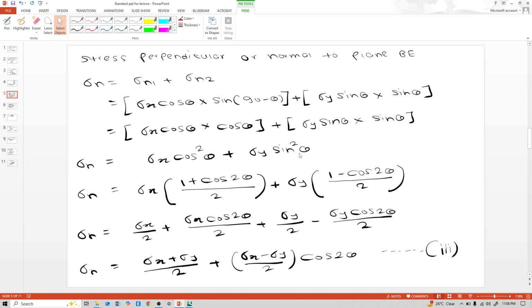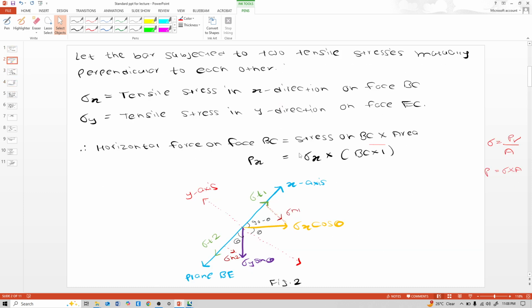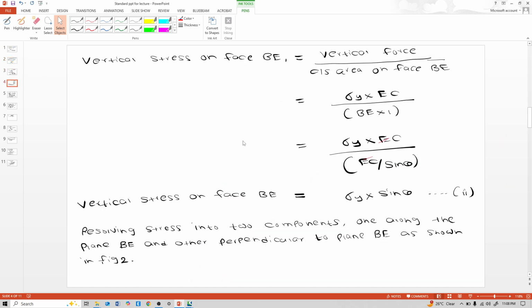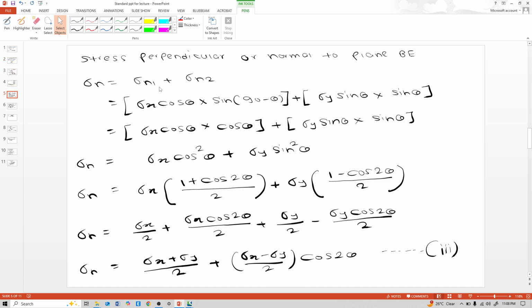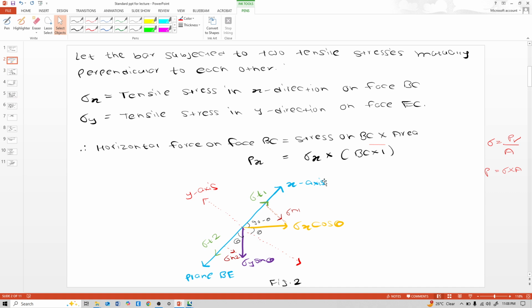The stress perpendicular or normal to plane BE, see this figure, is sigma n1 and sigma n2. Therefore sigma n is equal to sigma n1 plus sigma n2. Sigma n1: sine of 90 minus theta is equal to opposite side upon hypotenuse.